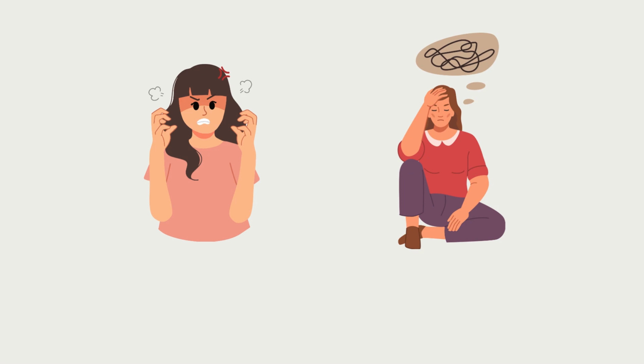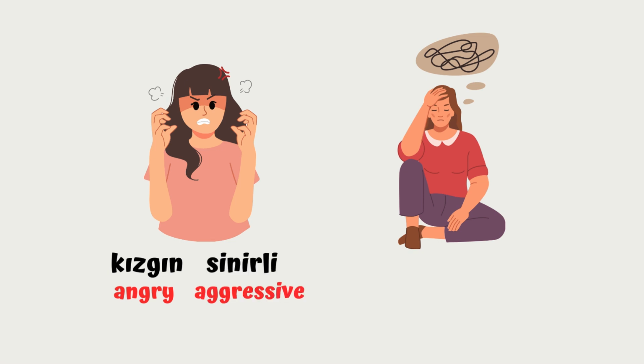Okay, let's take a look at the next picture. And the first picture, we can use 2 adjectives. And they are kızgın and sinirli. For the next woman, we can use 1 adjective, which is endişeli.